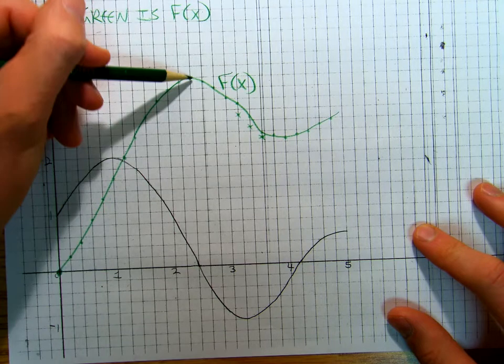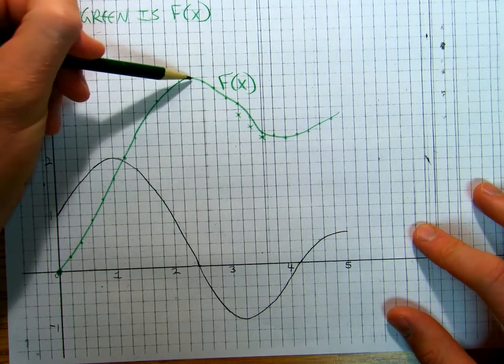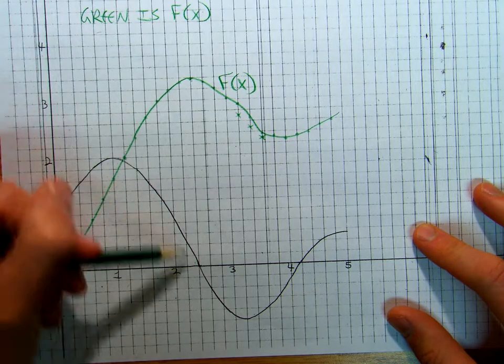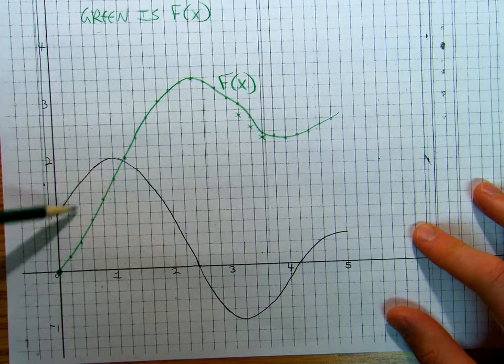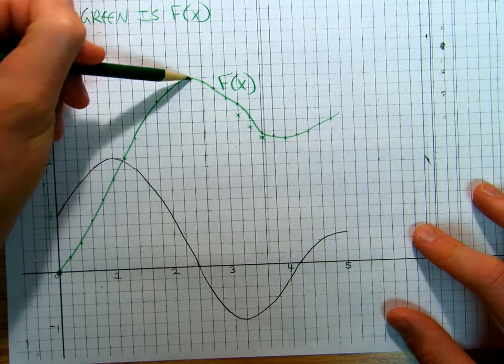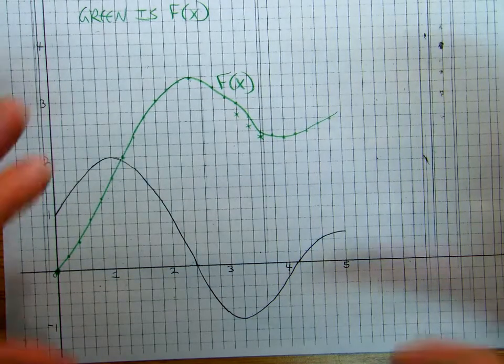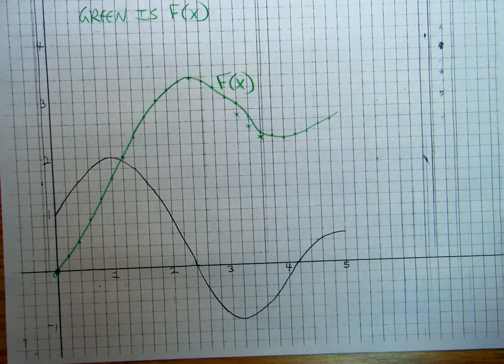So if I go up here, I'm at a point which is a little bit less than 3.5. The number divided by 5 gives you the area under the curve.